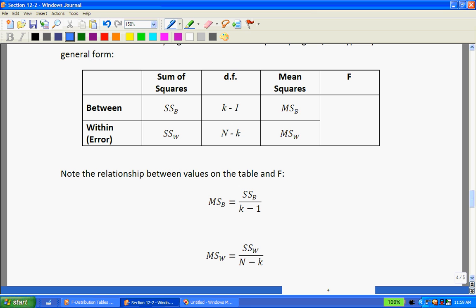The mean squares between, the way I can get that is just taking the sums of squares between divided by the degrees of freedom. So SSB over K-1 gives you the mean squares between. Similar for mean squares within, or mean squared error: if I take the sums of squares within divided by the degrees of freedom, N minus K, that's how I get MSW.